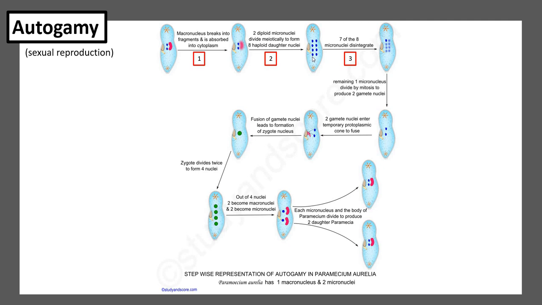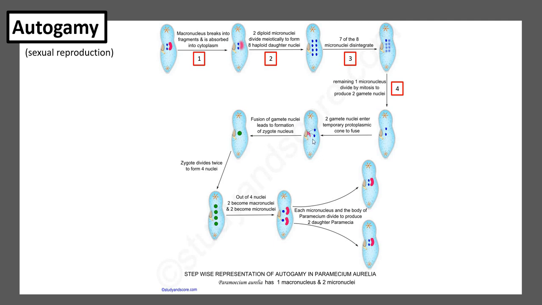Remember, again, meiosis scrambles the DNA. So you end up with 8 different ones. One of them survives, and then it is going to divide into 2. Okay, so it is similar, but not the same as conjugation.